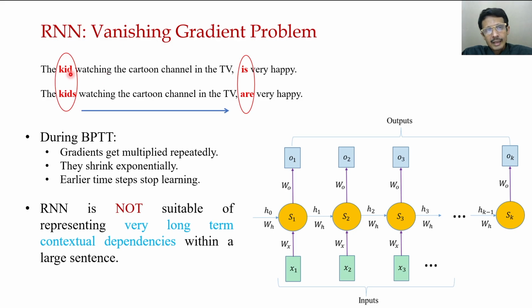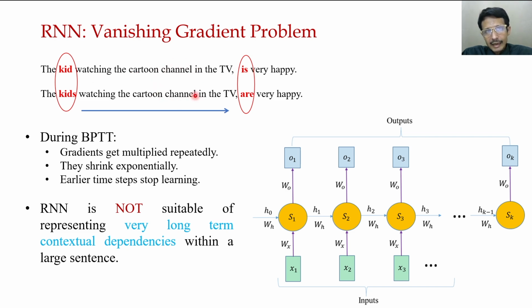Just see that this is plural and this is singular. What is important is that these two words, although placed at a distance in a longer sentence, are related. This depends on whether it is singular or plural. If it is plural, it is 'are'; if singular, it is 'is'.